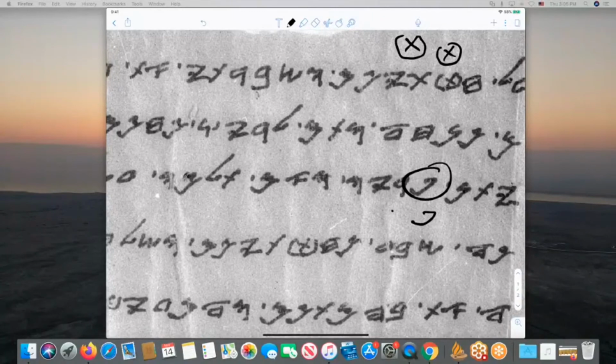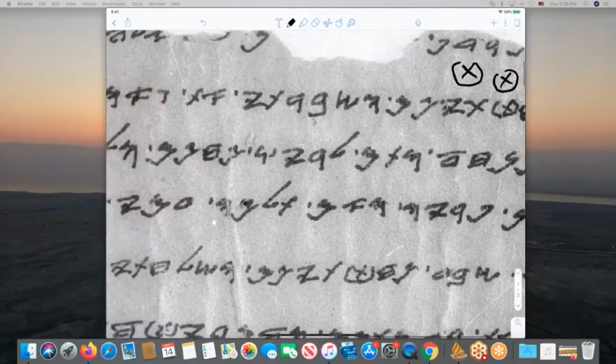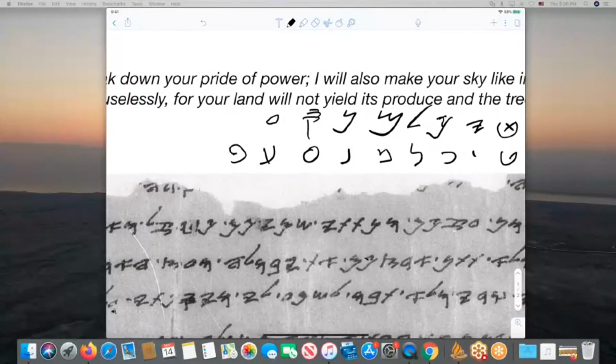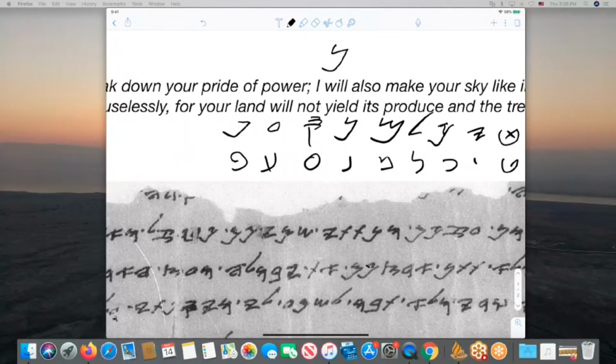It's this horizontal line, and then it finishes off very similar to the way the Nun does. So notice the Nun has this extra little bit. The Pei goes like that. So not a lot of difference between those two.